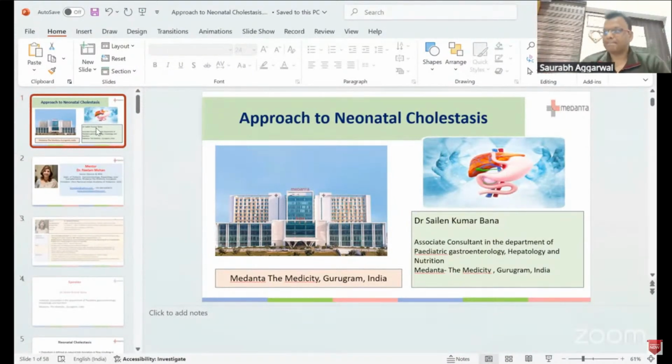So the mother can undergo amniocentesis, and we can go for whole exome sequencing to see whether this child is having any kind of metabolic liver disease or not.